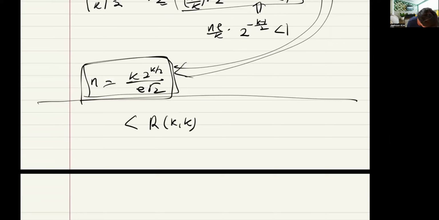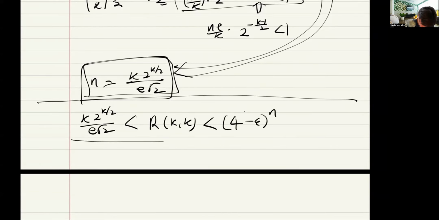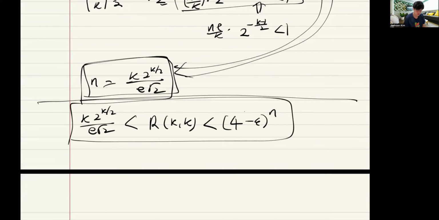So we have this and we have this as before. So this is roughly root 2 to the k, and this is roughly 4 to the k.